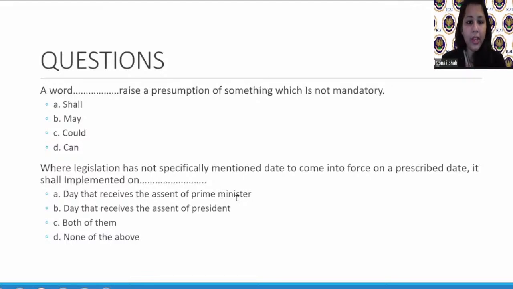Now coming to the query of Parth. Parth was asking me that, ma'am, law is a broader concept primarily to maintain public order and related rights, and an act is like a subset of law and is much more specific. My understanding is that IPC is a law. Correct me if I'm wrong. So IPC is an act.